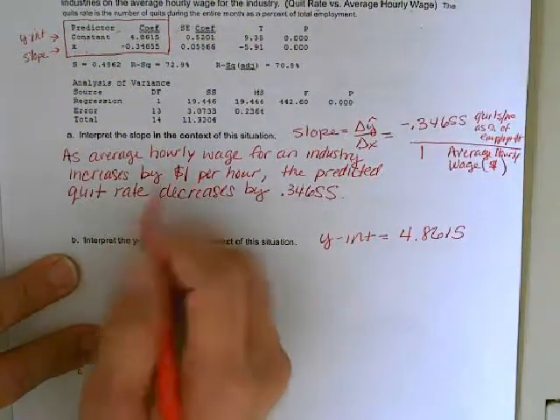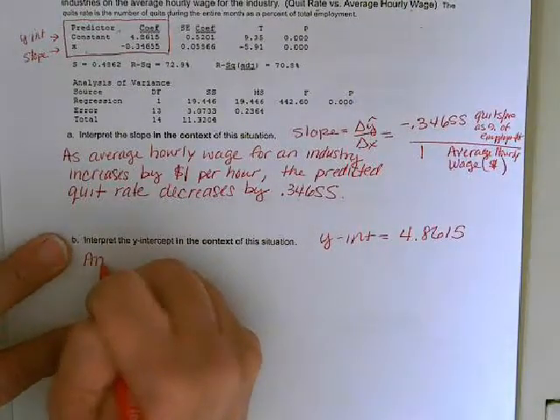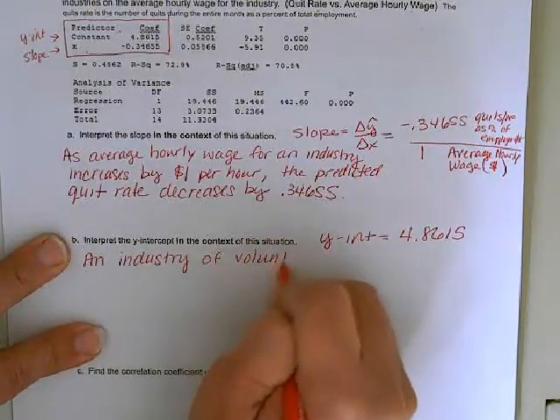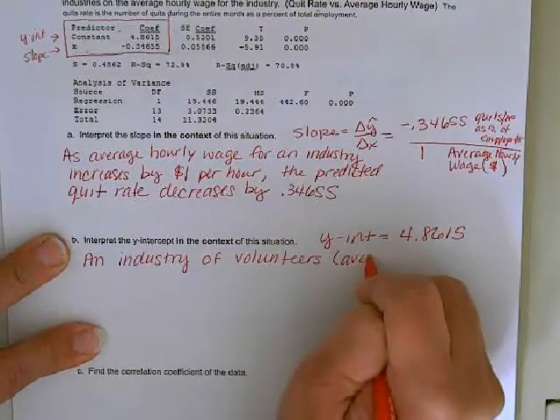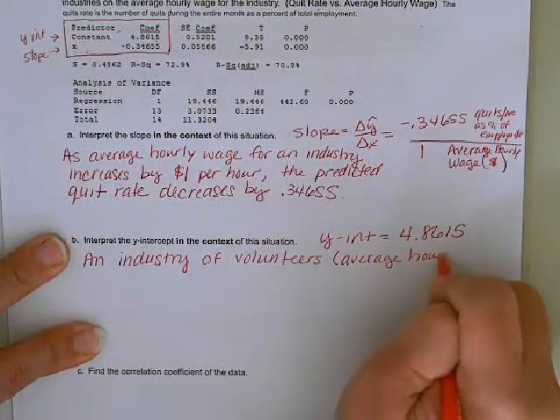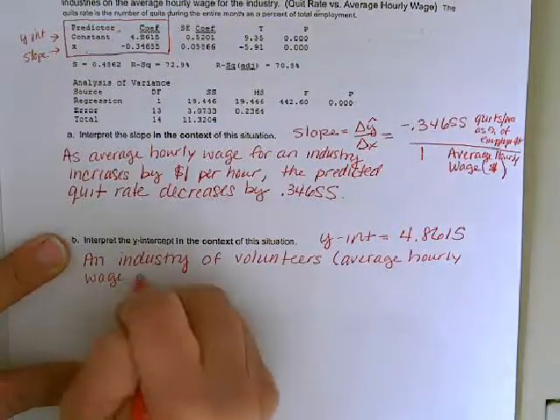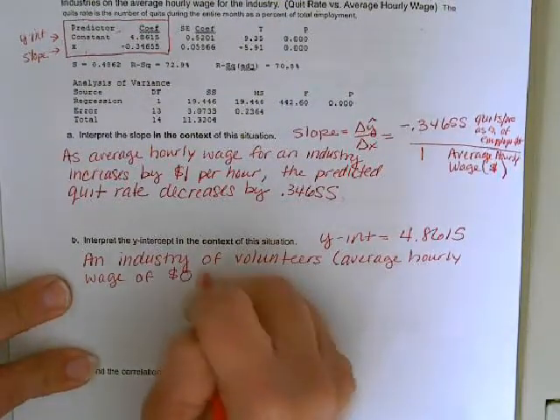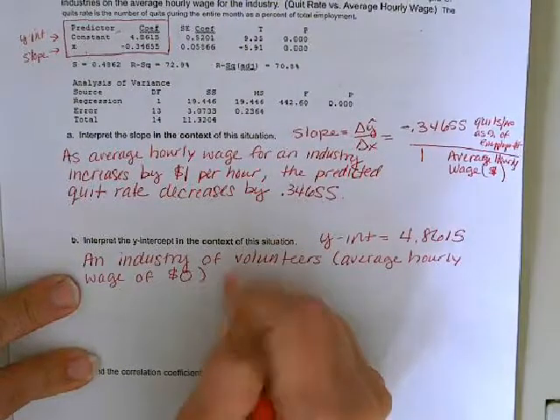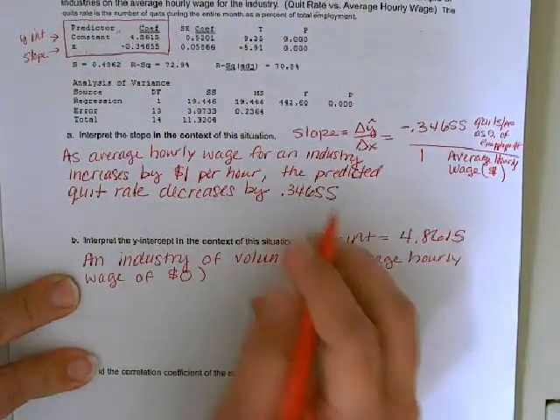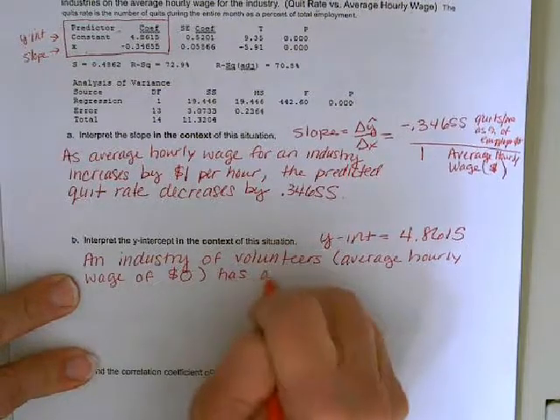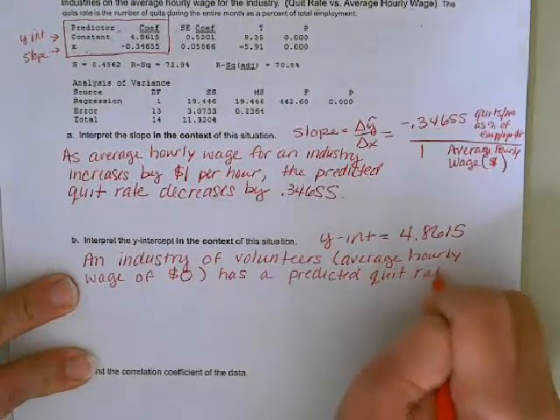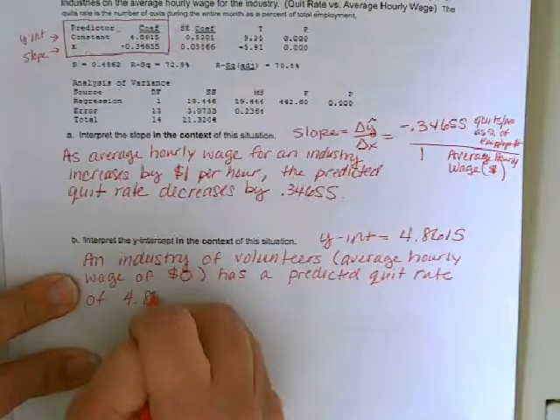So for an industry of volunteers, or an average hourly wage of $0 per hour, has a predicted quit rate of 4.8615.